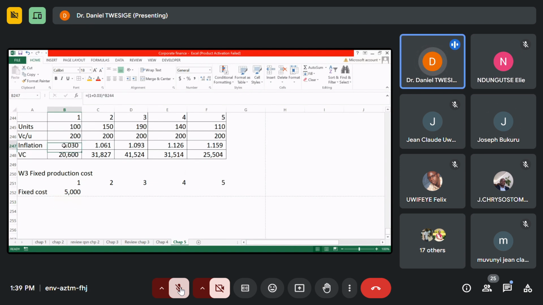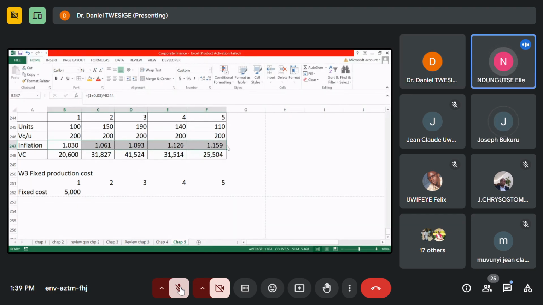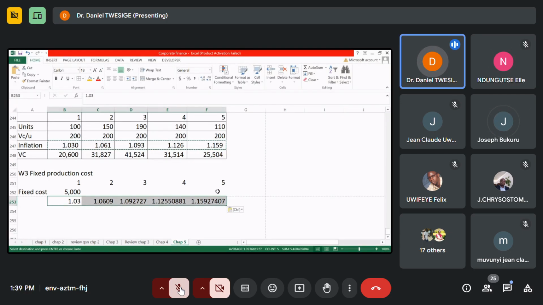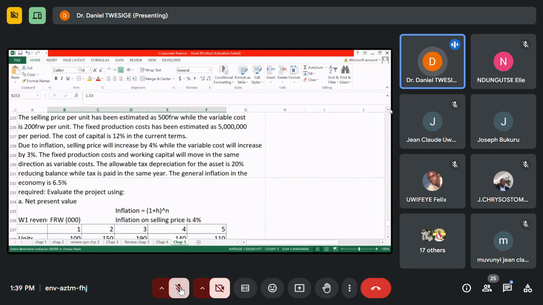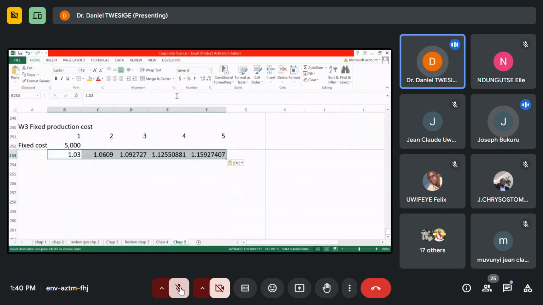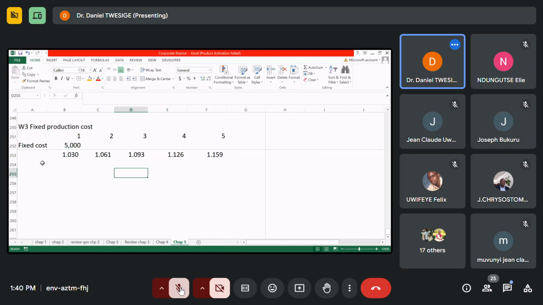What is the rate of inflation on a fixed cost? It is the same. They say it is moving in the same direction as variable cost. If you check the information, it says fixed production cost and working capital will move in the same direction as variable cost. It means it's also going to be 3%. Please mute. So what do you have as a fixed cost nominal?